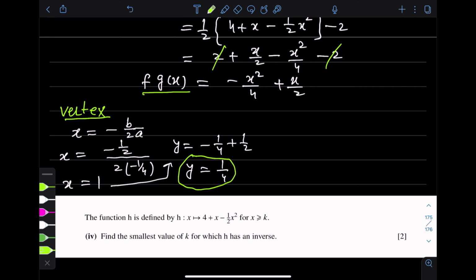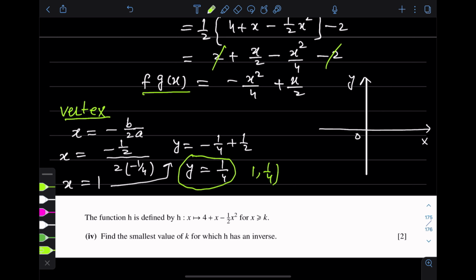Now we sketch this graph here to show the range of this fg. The range of fg we have to find, so the vertex coordinates are 1, 1 over 4. This is 1 and this is 1 over 4.